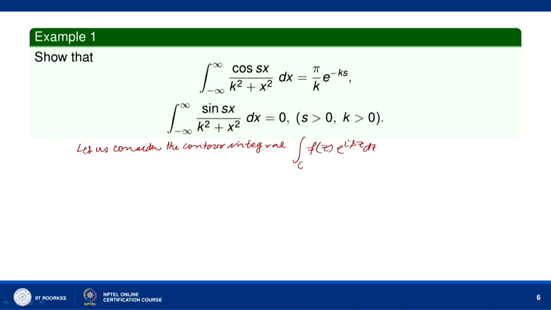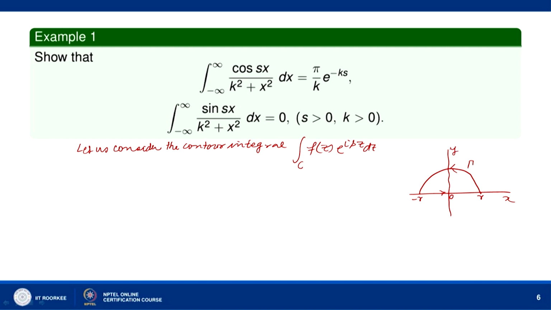So let us consider the integral over c of fz e to the power i sz dz, where we are taking the integral over this path c. C consists of the semicircle gamma with center at 0 and radius r, and the line segment on the real axis from minus r to r. So this is our c.